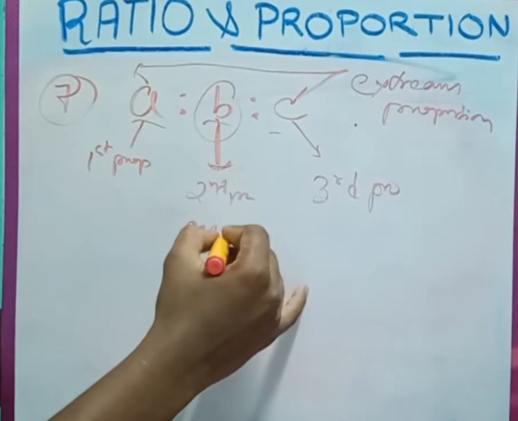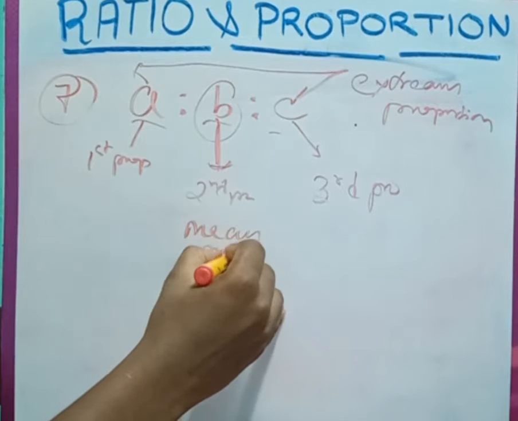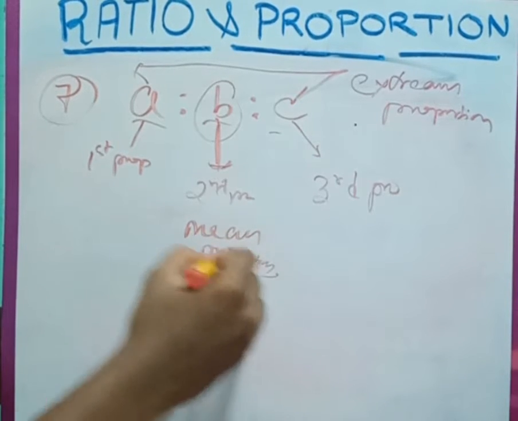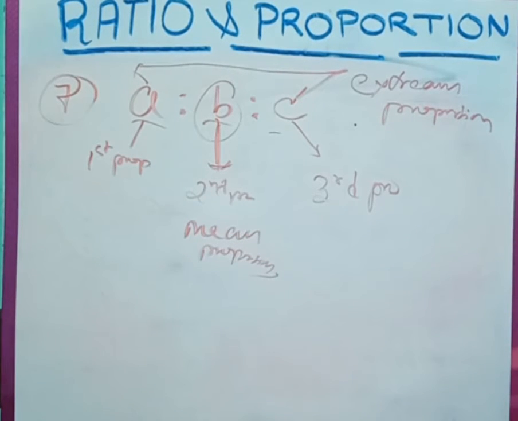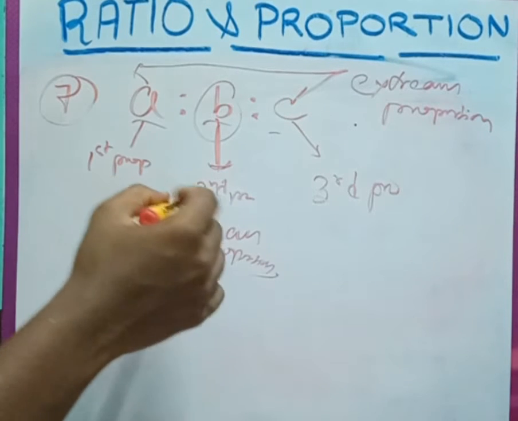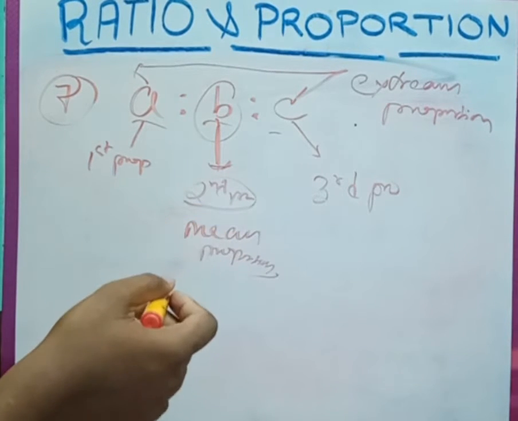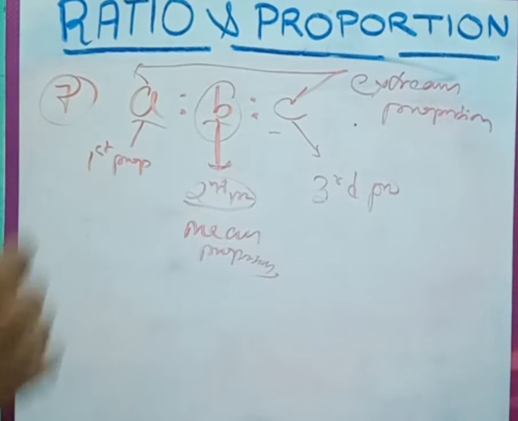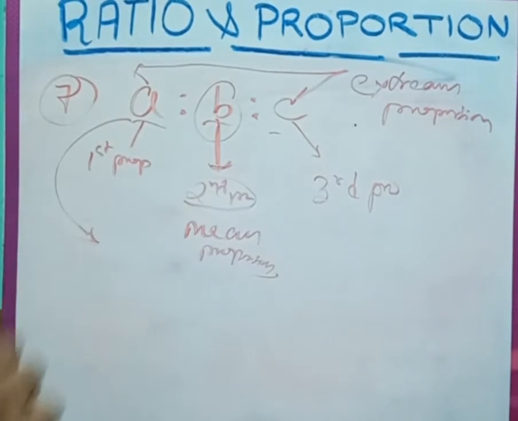Just remember it like that, it is called mean proportion. So I hope you understand, guys. So the first and last elements are called extreme proportion, and the middle element, that is nothing but the second element, is called mean proportion.